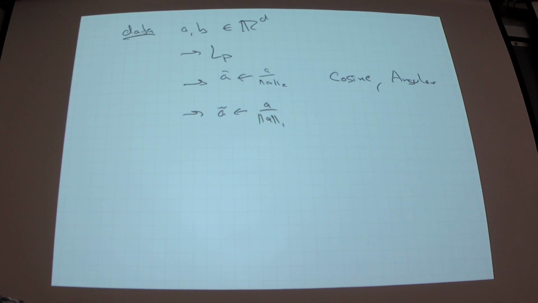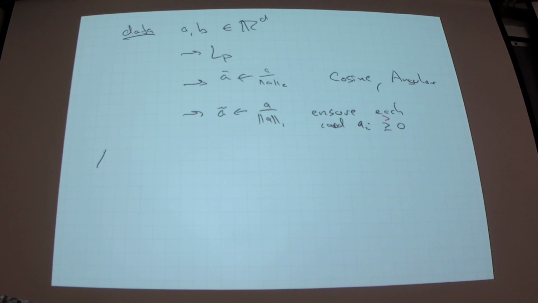I also want to ensure that each coordinate is greater or equal than 0. Technically, I actually want it to be strictly greater than 0. I'll explain that in a second.